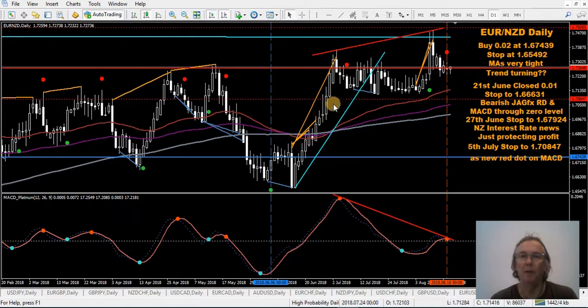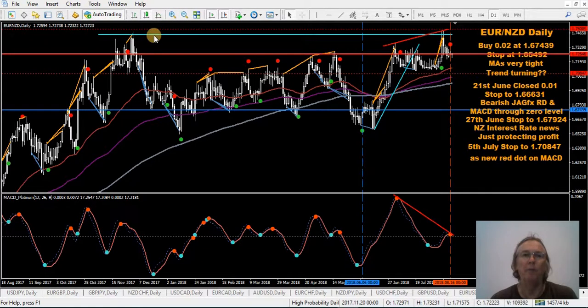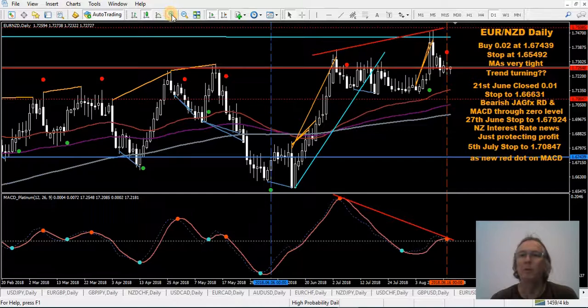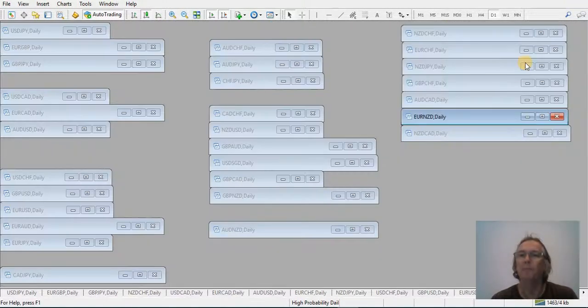I've got half a trade on the buy and a full trade on the sell. So I've got a partial hedge there. This stop is above this previous high, and you can see it's a fairly significant high if you look left on the chart when you zoom out a bit. So that's the Euro New Zealand in a new sell this morning.